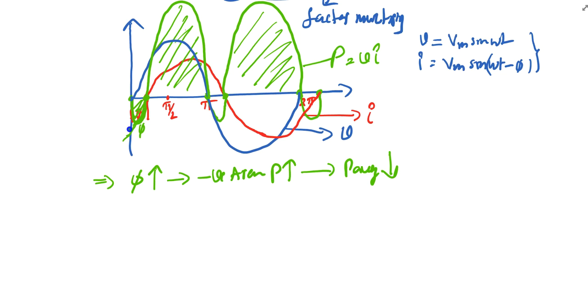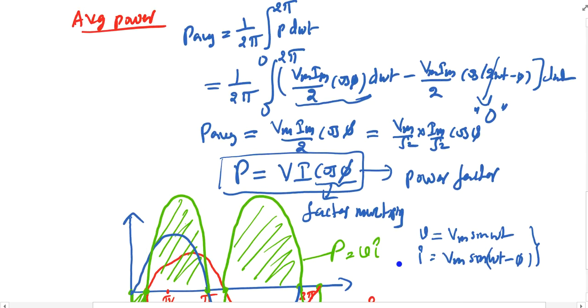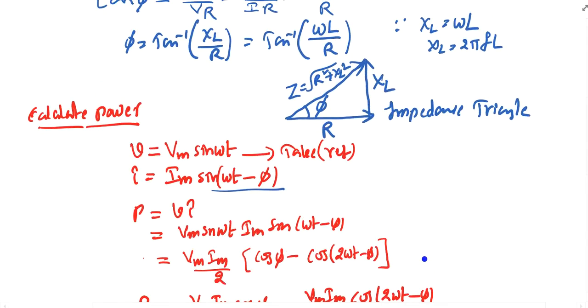So how are we increasing this phi? As we know, phi is nothing but tan inverse of omega L by R. This is the expression we have seen in the earlier class.